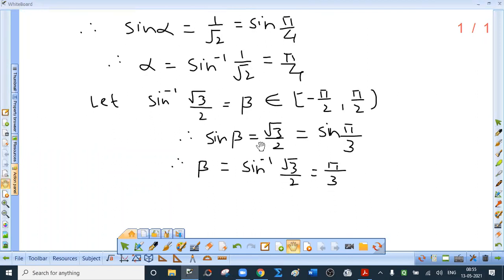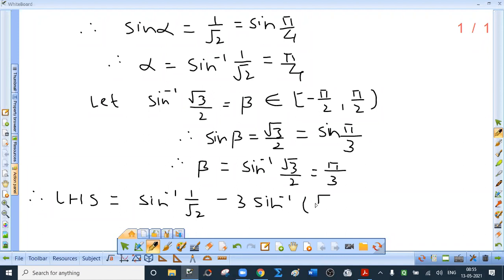Now, LHS equals sine inverse 1 by root 2 minus 3 times sine inverse root 3 by 2.